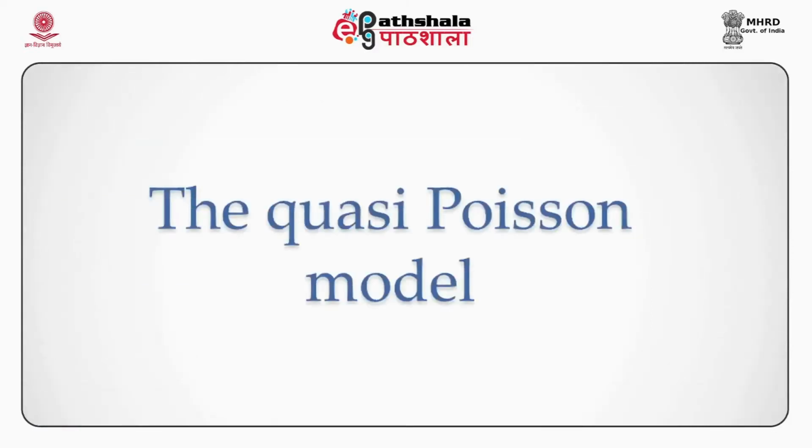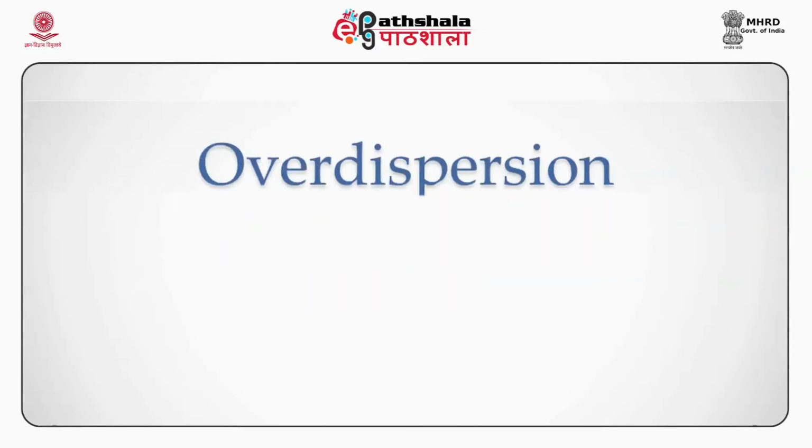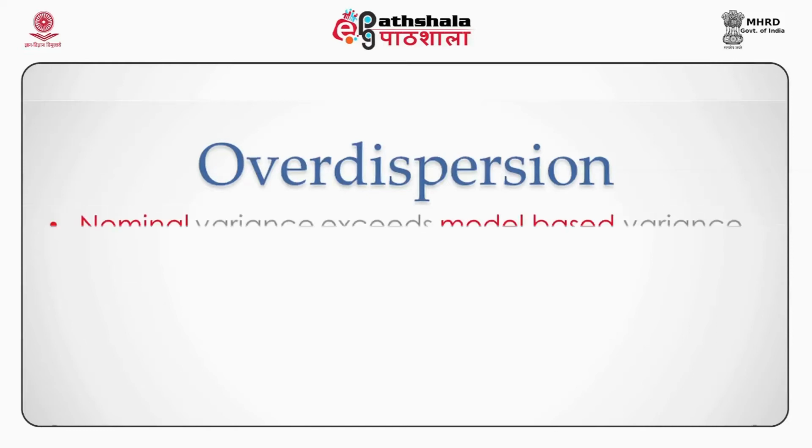The quasi-Poisson model. First, let us define the phenomenon of over-dispersion. Over-dispersion is specified by the situation where the nominal variance exceeds the model-based variance. So here we have two concepts of variance for an outcome variable, the nominal variance and the model-based variance.